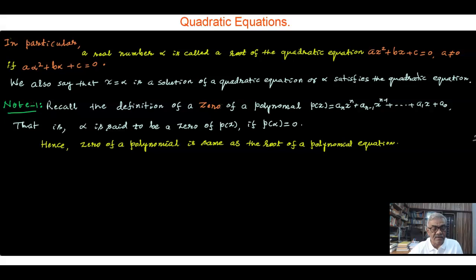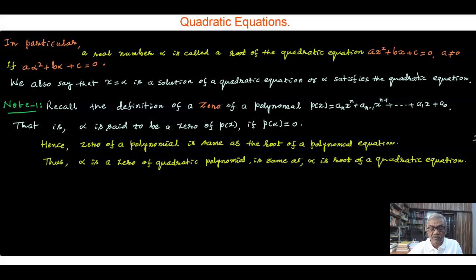And hence zero of the polynomial is the same as the root of the polynomial equation. And therefore, alpha is zero of a quadratic polynomial is the same as alpha is a root of the polynomial. Zeros of the polynomial and roots of the polynomial equation, they are one and the same.